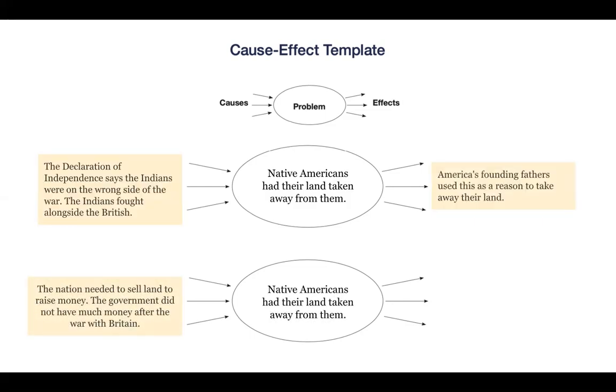Well, one cause is that the nation needed to sell land to raise money. The government did not have much money after the war with Britain. And the effect is that the government took away the tribe's land.